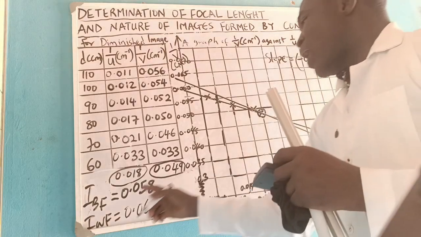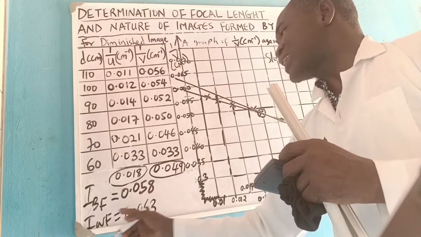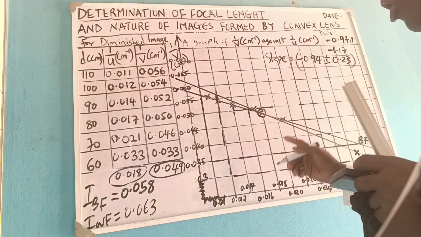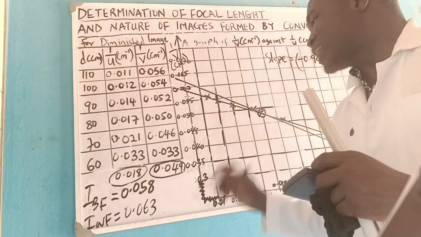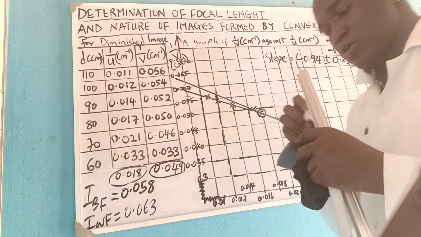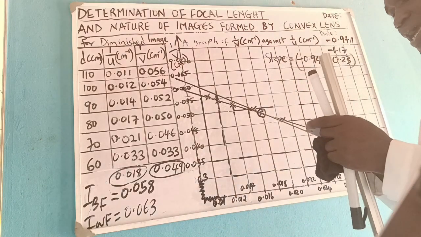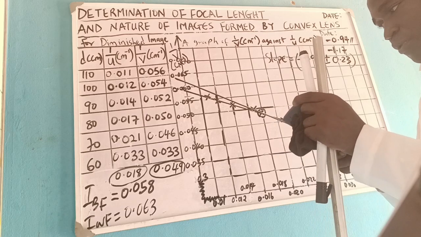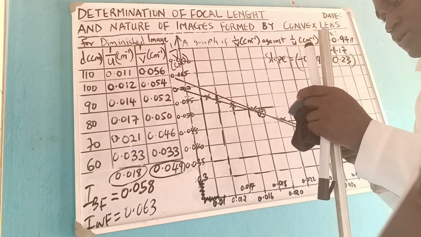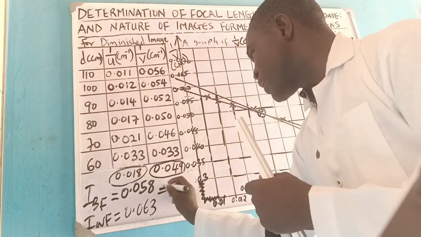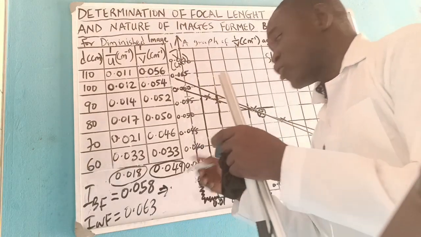Now we have gotten our best fit intercept and worst fit intercept. So if they say find the standard error of the intercept, it will be to subtract these two. 0.058 minus 0.063. Whatever it gives you, when you subtract these two, it will give you a negative.